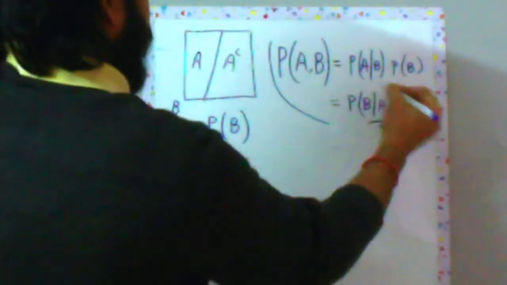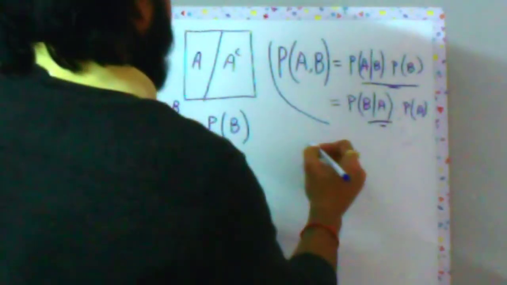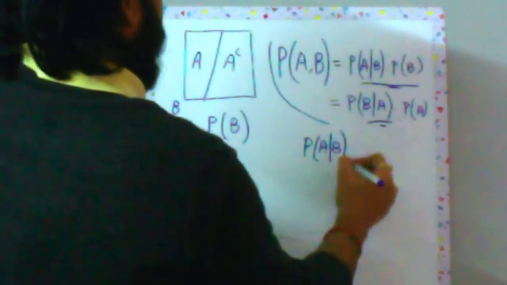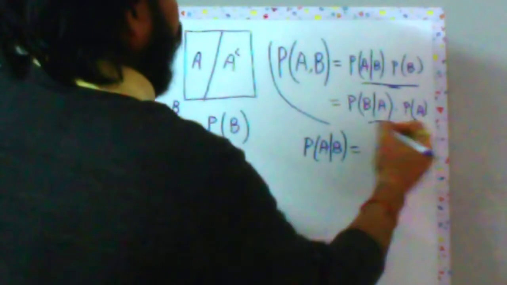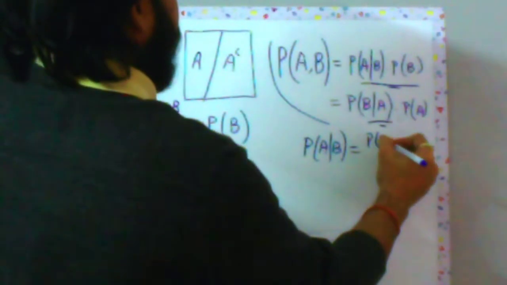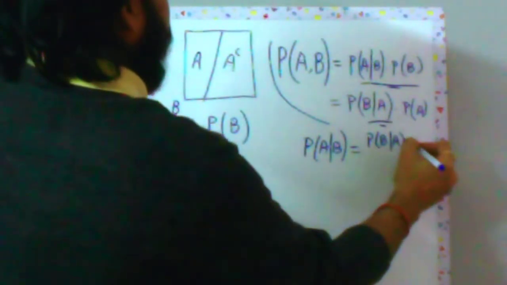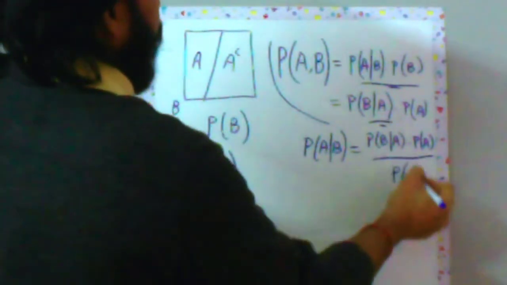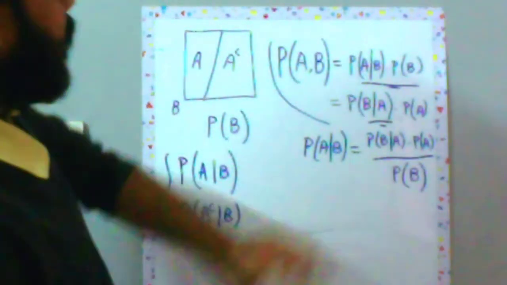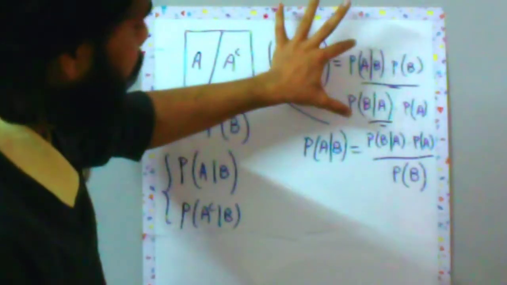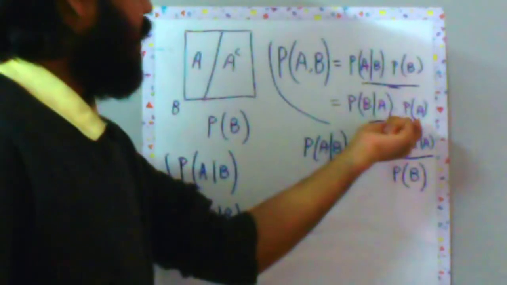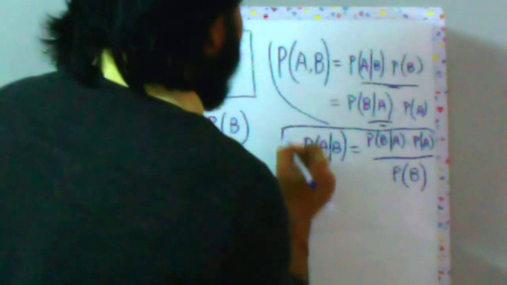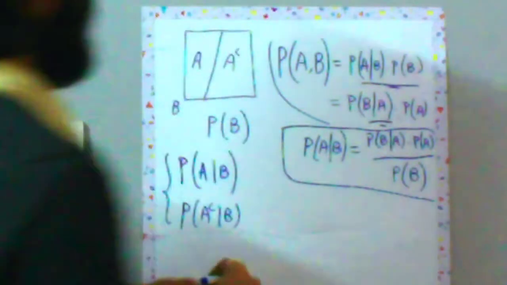Look at this: P of A given B is going to be P of B given A into P of A upon P of B. We took P(B) from here into the denominator. So we arrive at the probability of A occurring given that B has occurred.